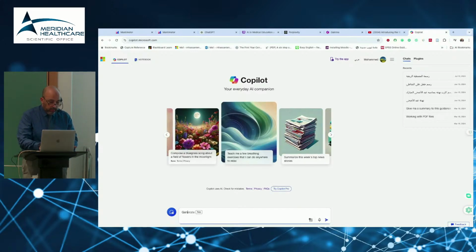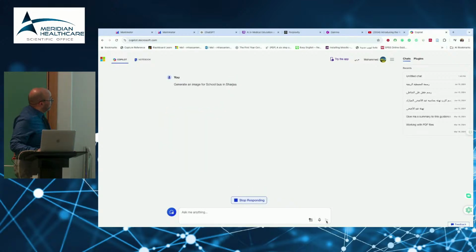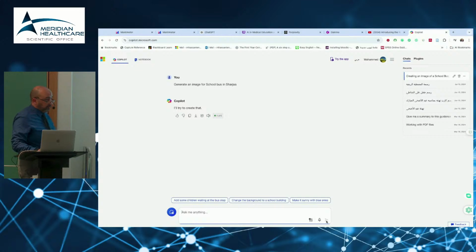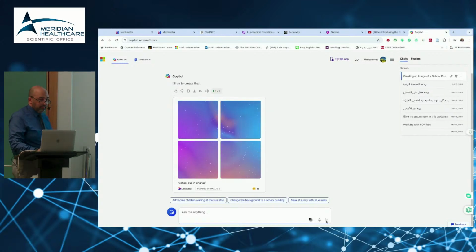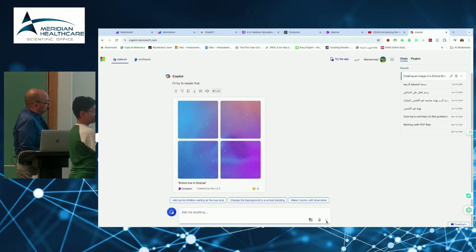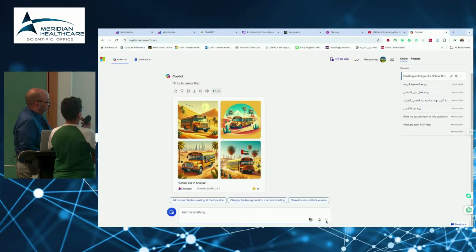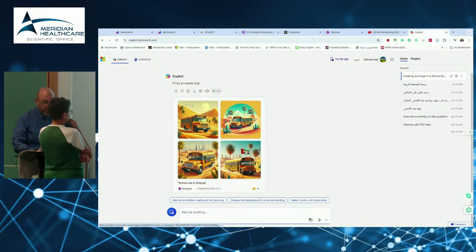Here, generate an image of a school bus, let us say in Sharjah. Desert, because it's Sharjah, but with the flag of the UAE.